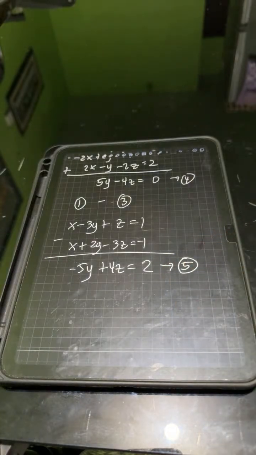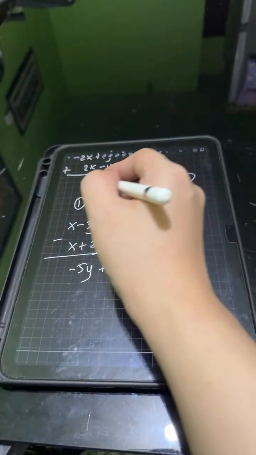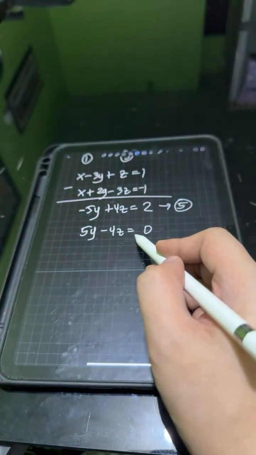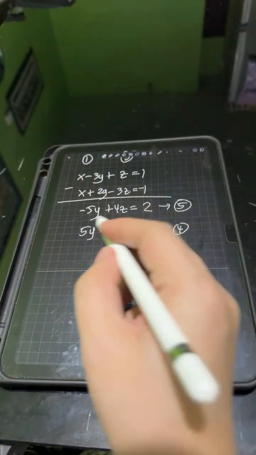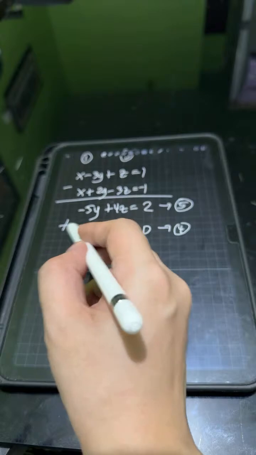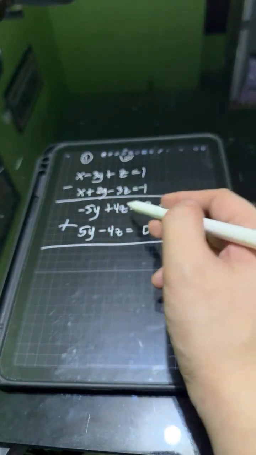Now we have equations 4 and 5 in two unknowns, y and z only. So this is equation 4. Notice that we can add equations 5 and 4 to eliminate y as well as z.